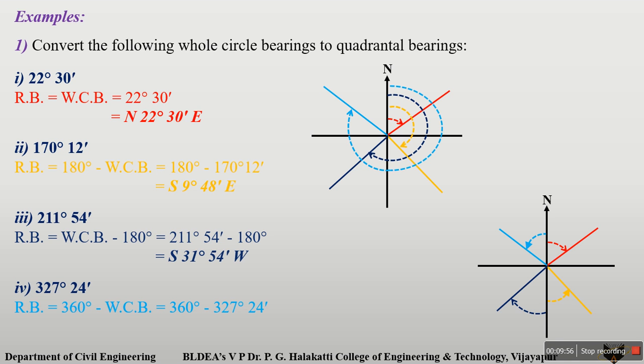Put in the WCB value and we'll get our RB value. Actually it is north, so make the correction. This one is north 31 degree 54 minutes west side.